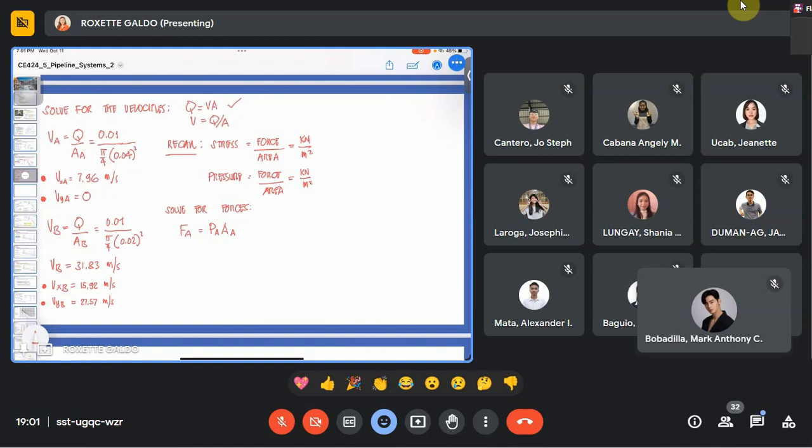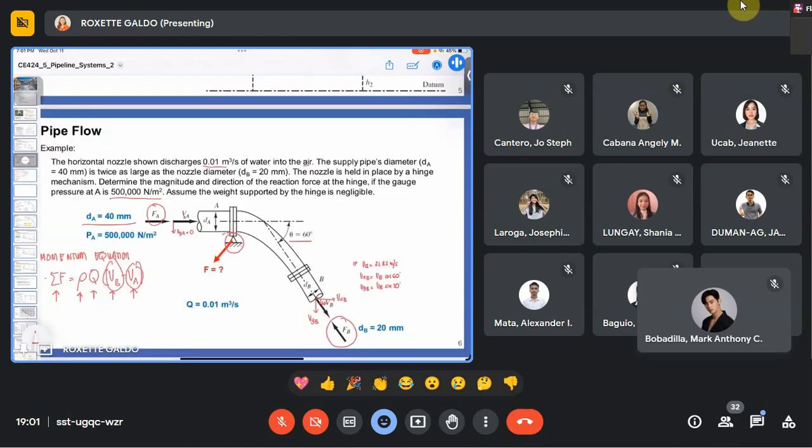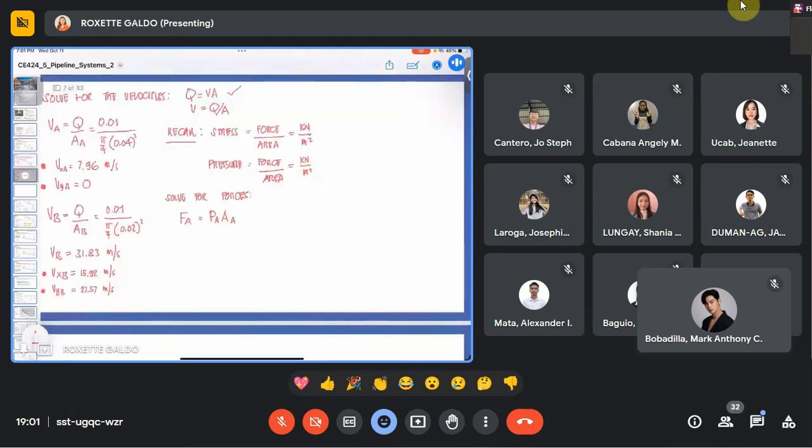The area at A is known because the diameter of the pipe is given. The pressure at A is given to be 500,000 Newton per square meter. Therefore, we can solve for FA. FA is equal to 500,000 times the area, which is pi over 4 times 0.04 squared. Therefore, how much is FA?